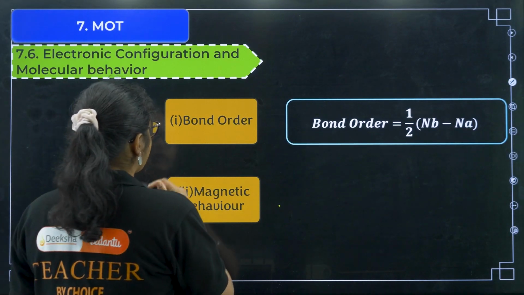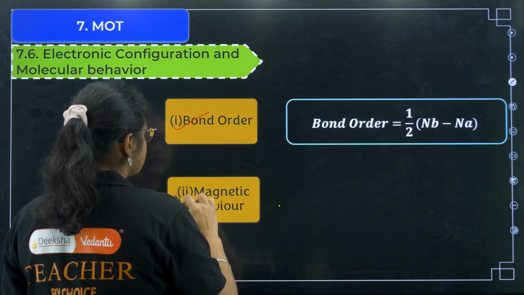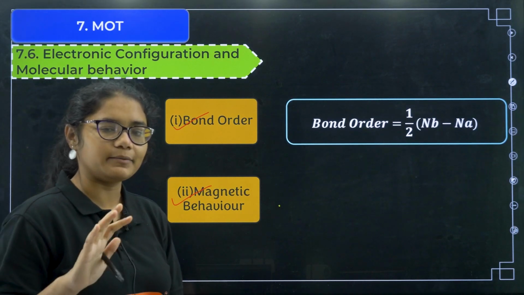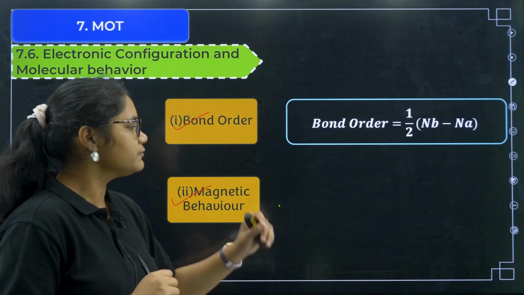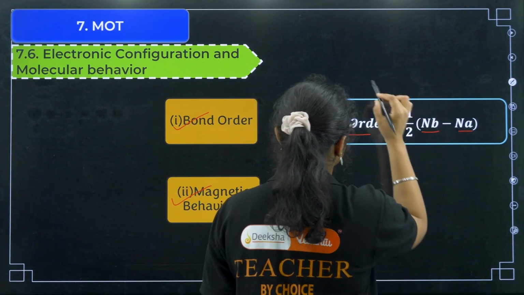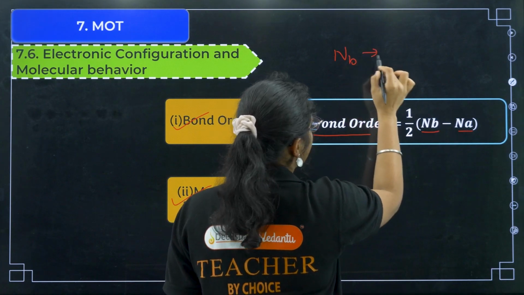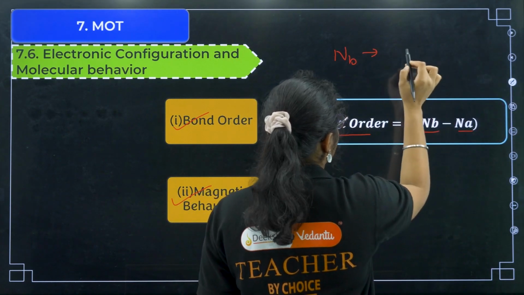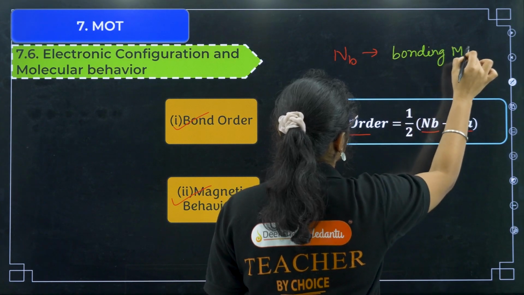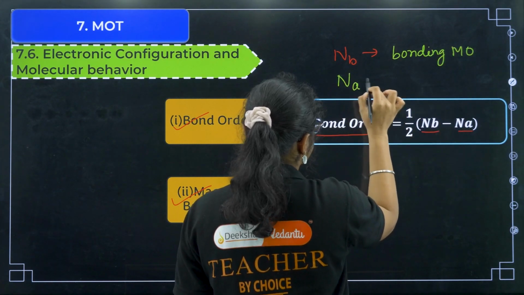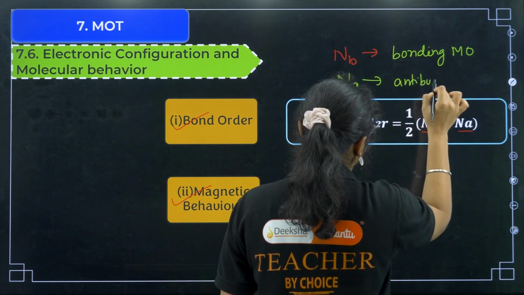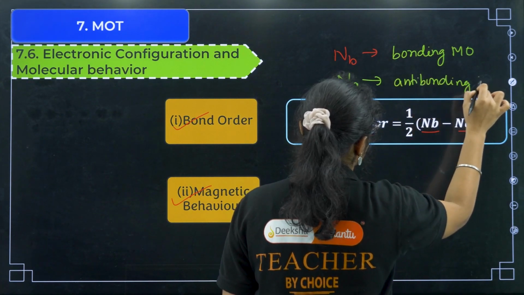Now coming to electronic configuration and molecular behavior, okay. In electronic configuration we have two important things: bond order and magnetic behavior. How can we predict bond order? In bond parameters we discussed what bond order is. With the molecular orbital diagram, bond order is equal to half of (Nb minus Na). Nb is the number of electrons in bonding molecular orbitals, and Na is the number of electrons in anti-bonding molecular orbitals, okay.